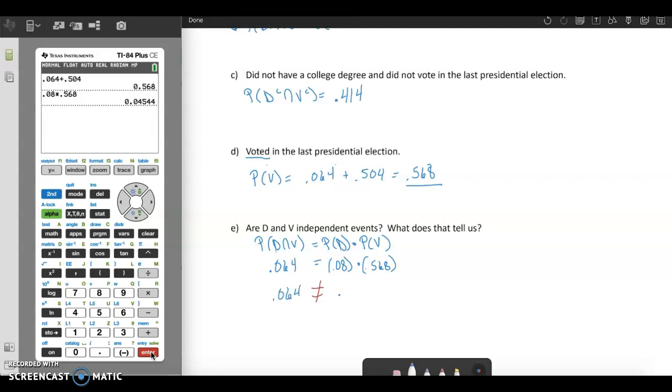We get instead 0.04544. So because this does not work, this rule doesn't apply here, that means they are not independent. They are actually dependent.